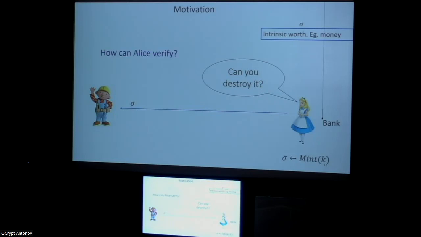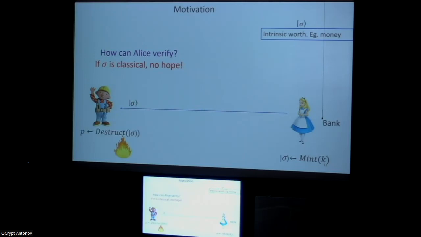And now the question is, how can Alice verify that Bob actually destroyed it? So if this precious state sigma was classical, if this money is classical, then there's no hope. You can just copy it and keep it to yourself. So Bob has a copy, so even if he discards it, it doesn't really make sense to talk about destruction here. But if sigma is quantum, then this is not true in general. We know that.